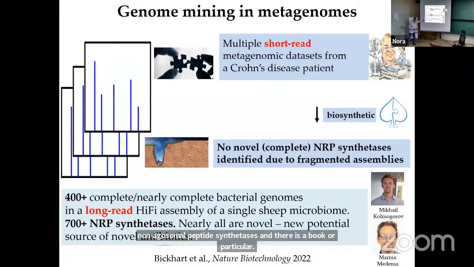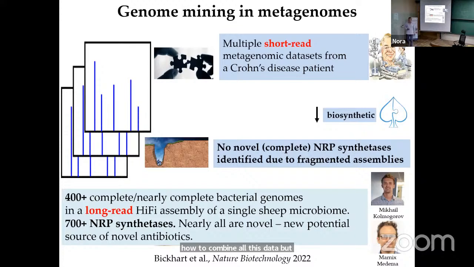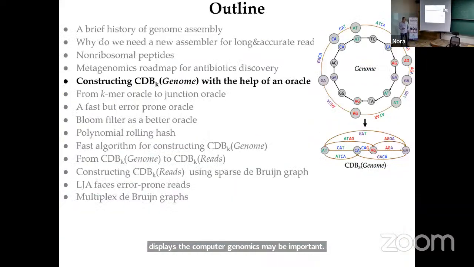But this complete genomics was the major advance. So I hope at this point I motivated you enough to explain that complete genomics may be important for biological applications, and we'll go back to difficult material, which is how the algorithms for this work.